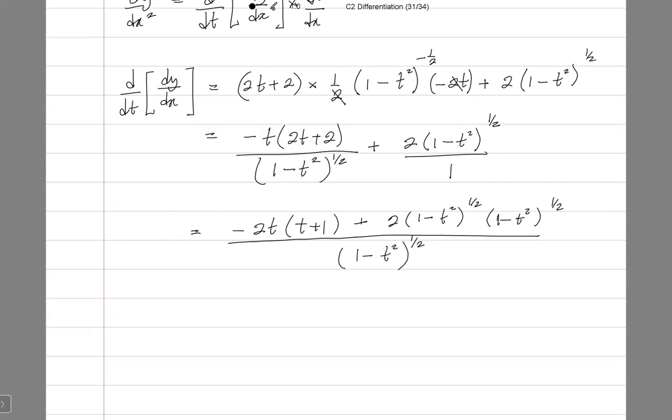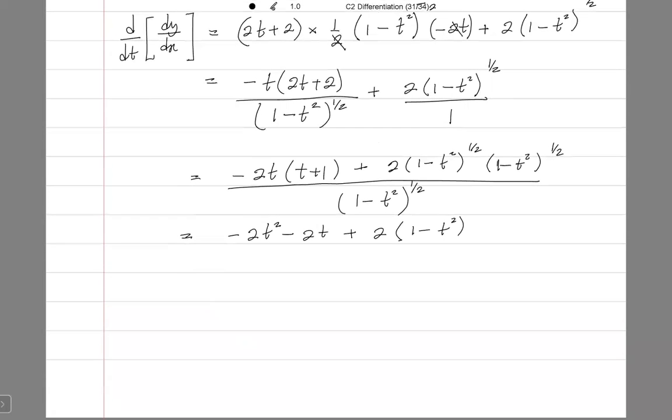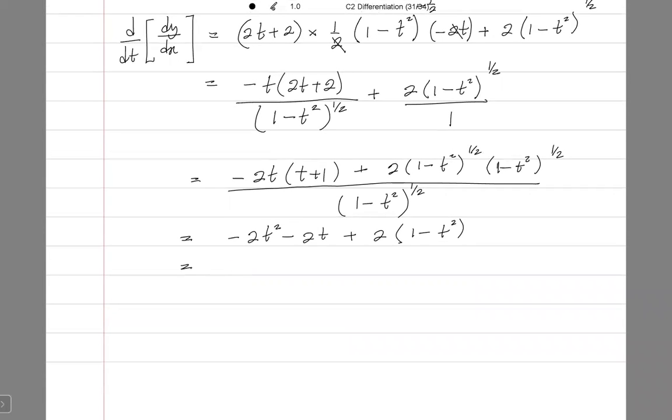All right, if the base is the same, you add the indices. So I'm going to end up with minus 2t squared, minus 2t squared minus 2t plus 2 into 1 minus t squared. Let's further simplify the top. We're going to have minus t squared minus 2t plus 2 minus 2t squared.